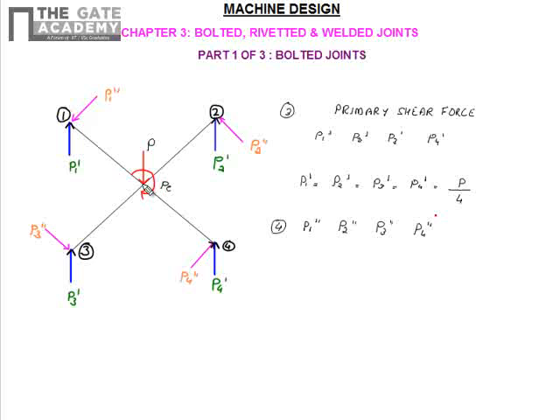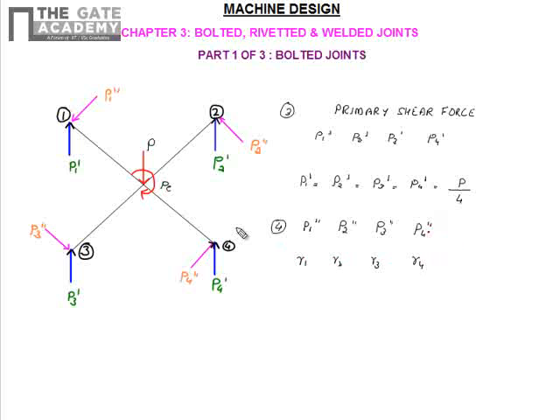And it is assumed that the secondary shear force at any bolt is proportional to its distance from the centroid. Suppose the bolts are at distances R1, R2, R3 and R4 from the centroid.